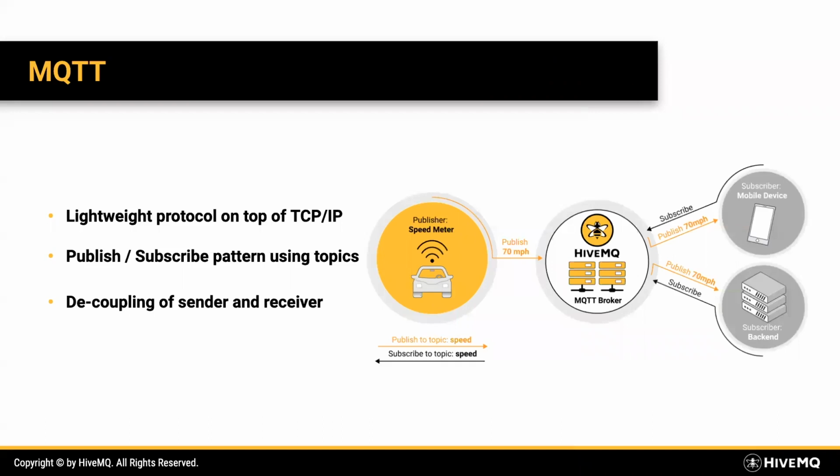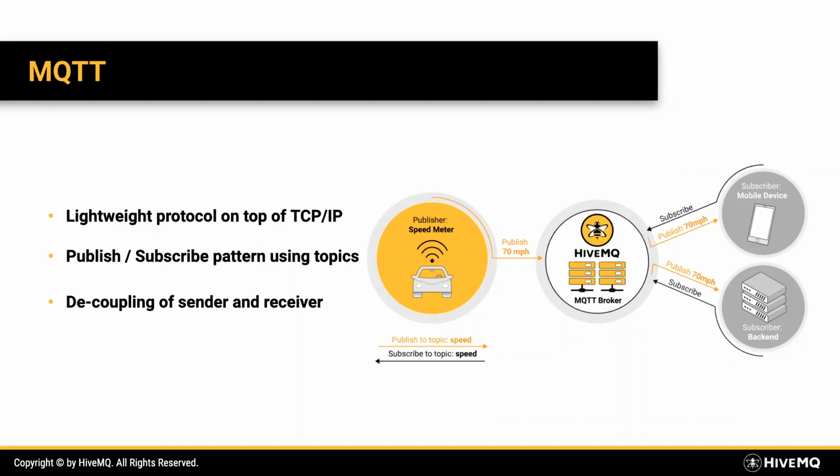Okay, so let's have a look into how MQTT works. So, basic overview here. As I said, it is a lightweight protocol for the Internet of Things, and it is on top of TCP/IP. And it basically works like this. You have this publish-subscribe pattern using topics.